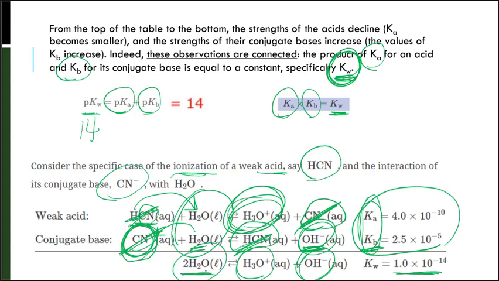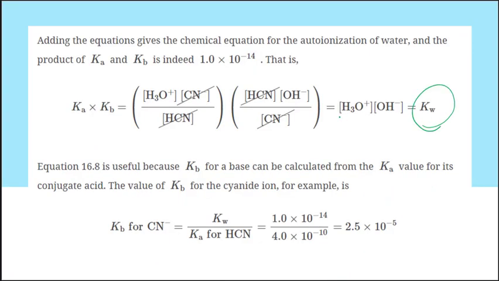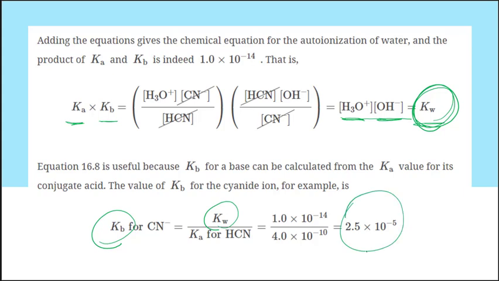Notice that I have my water in equilibrium with hydronium and hydroxide, which is my K expression for water. Hydronium times hydroxide concentrations is equal to Kw, which is equal to my Ka times my Kb. If I didn't know my Kb, I could find it by taking Kw and dividing by the Ka value to get the Kb value, 2.5 times 10 to the negative 5th.